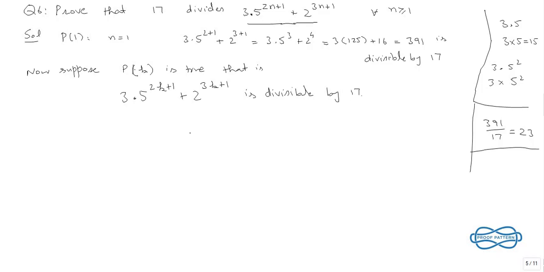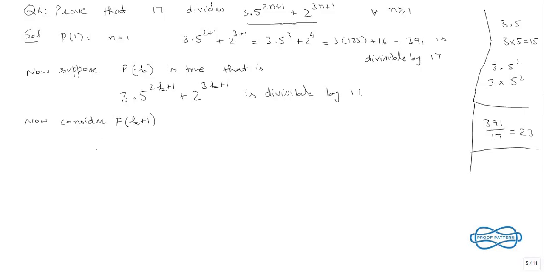Okay. Now consider Pk plus 1. We have to show that 17 divides the expression or the number for k plus 1.